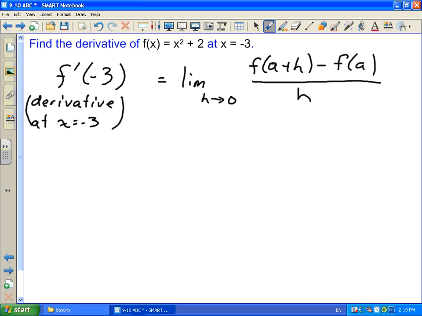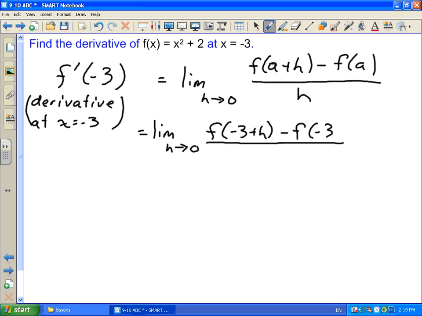And we know what our function is. So we've got to keep this limit stuff here. Our function is x squared plus 2. So in the numerator, we're going to evaluate this function at A plus h. A is negative 3, so we've got to evaluate f at negative 3 plus h, minus f at negative 3, all divided by h. And let's put in the information that we know about our function. So we want to evaluate x squared plus 2 at negative 3 plus h.